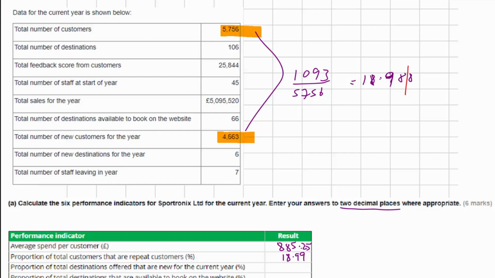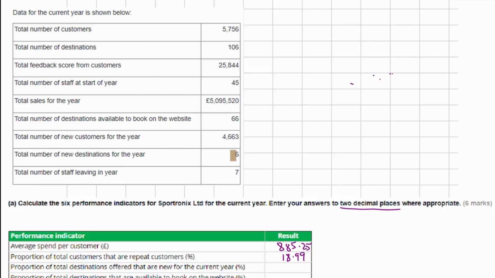Next, we want the proportion of total destinations offered that are new for the current year. So we're not talking about the new customers now, we're thinking about the new destinations. So we're told that we have 6 new destinations out of a total of 106. So 6 divided by 106 gives us 5.660%. Again, we want to round to 2 decimal places, so that's going to be 5.66.